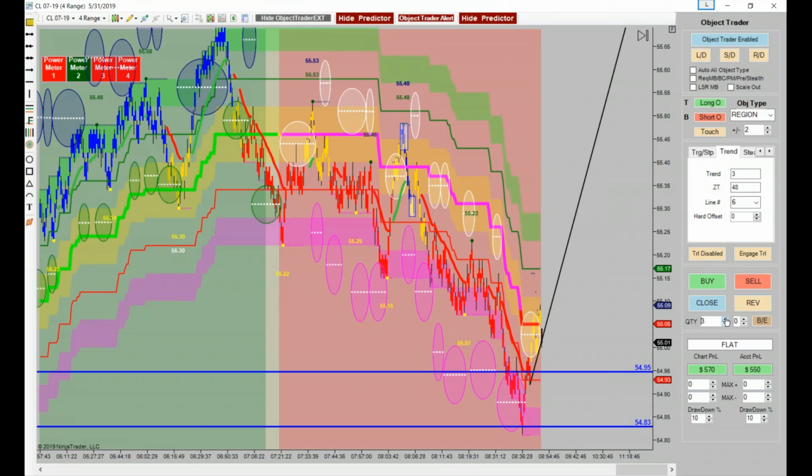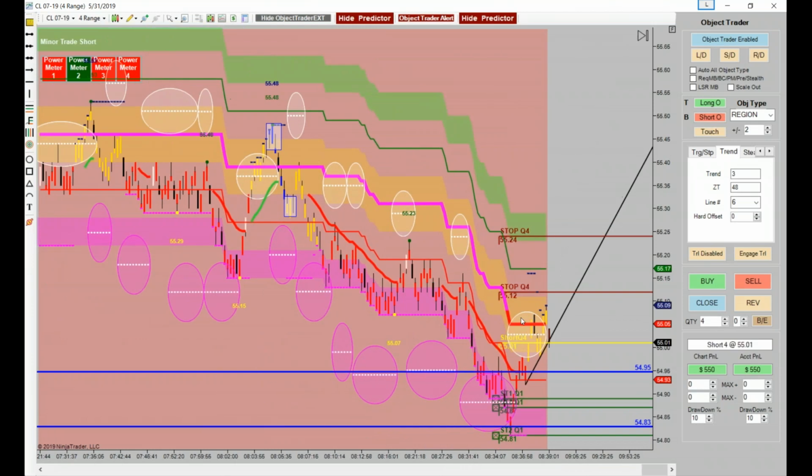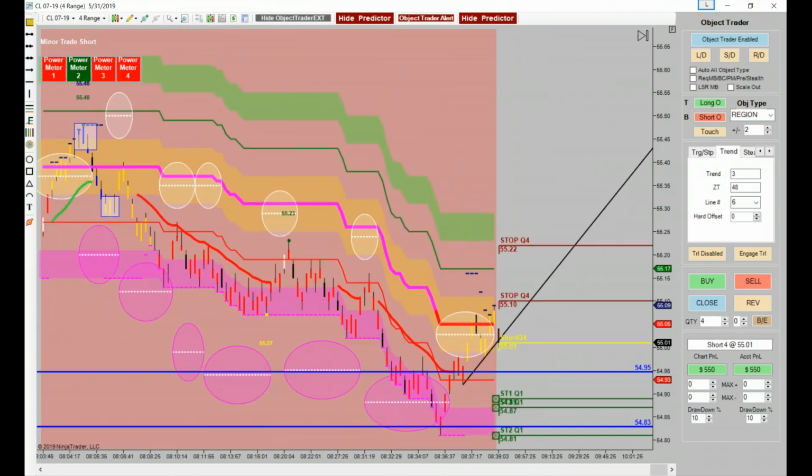Let's just, for the fun of it, we'll take it. I'm going to take 4 just for the fun of it. I'm going to put my stop just above there. And let's see if it works. If it doesn't, I'm going to lose that whole $500. Got it.